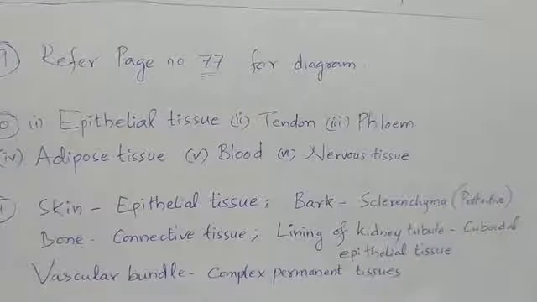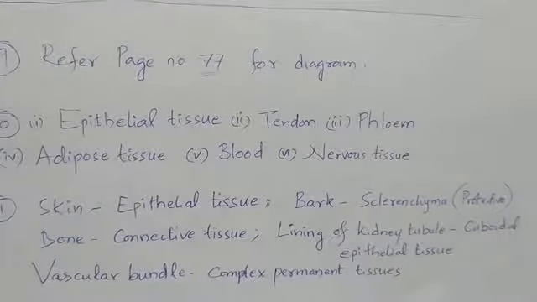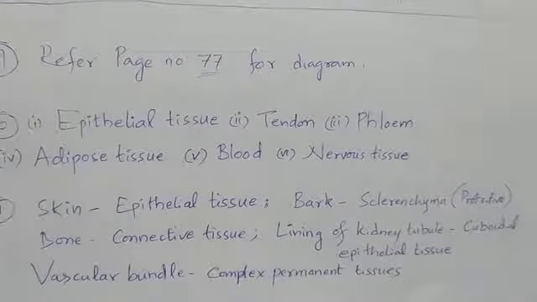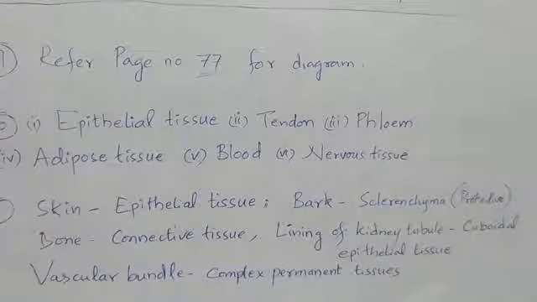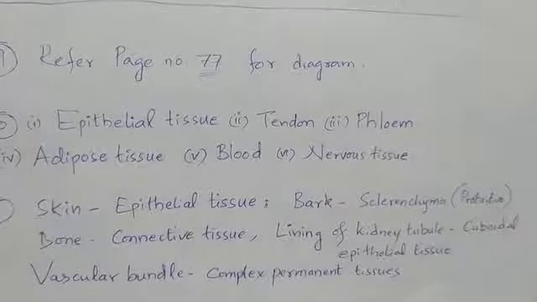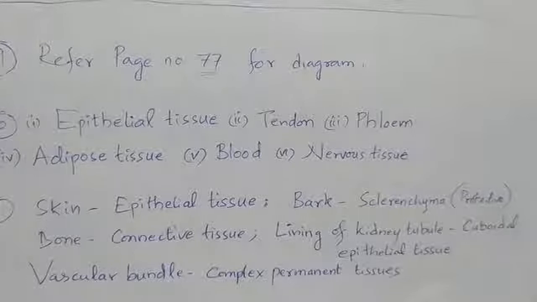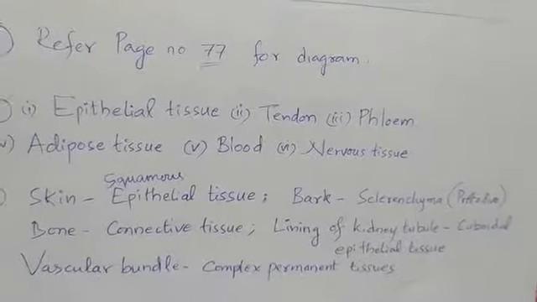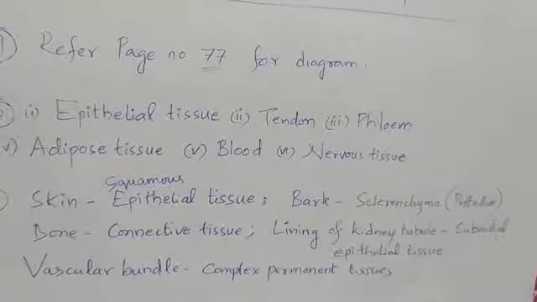Next, identify the type of tissue in the following: skin, bark of tree, bone, lining of kidney tubule, vascular bundle. Skin is squamous epithelial tissue.